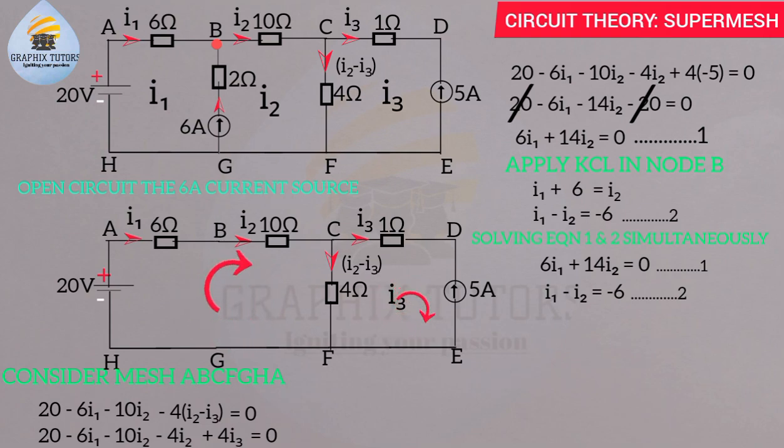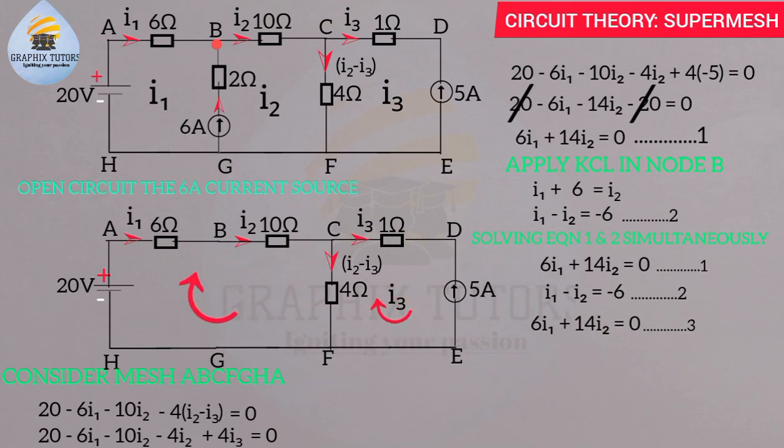So using the elimination method, I'll make the equation of I1 equal in both. If I multiply equation 1 by the coefficient of I1 in equation 2, I'll be having 6I1 plus 14I2 equals to 0. I'll be having the same thing because it's 1 I'm using. That'll be my equation 3.